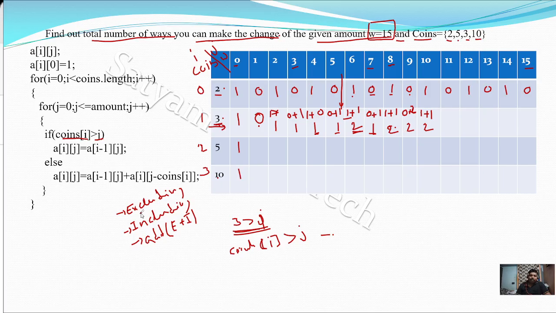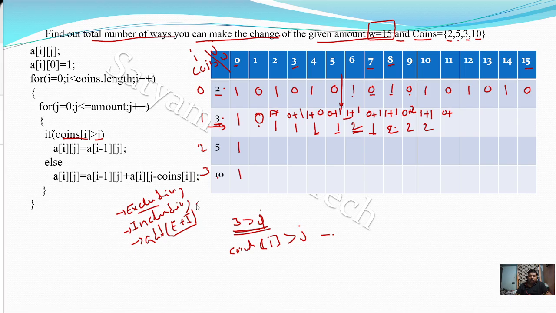So you can see excluding that coin, that means you can exclude this coin, and only include this coin, whatever value you can take, you can add that excluding and including. So you can add here 1 plus 1, like here it is 2. Now we can see excluding coin 3, how many ways to make 11, that is 0. You can take the previous value 0.